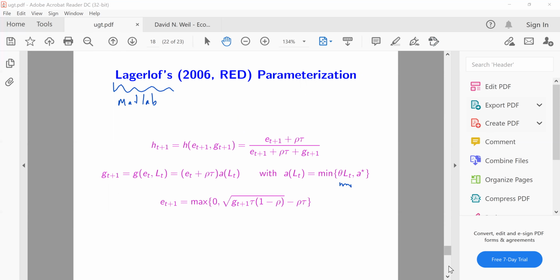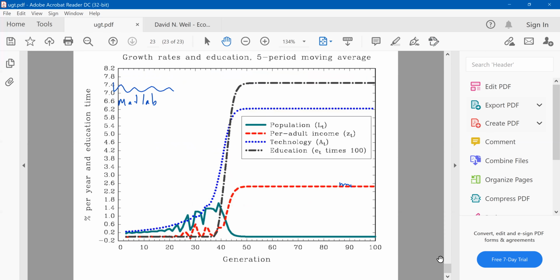If you run this model, you get this result. So as you see, what do you see here? Fluctuations in population in the Malthusian era, right? Increase in technology, movements in income as well, per adult income, and education is equal to 0 for long generations, and finally becomes positive. So I'm going to conclude here.